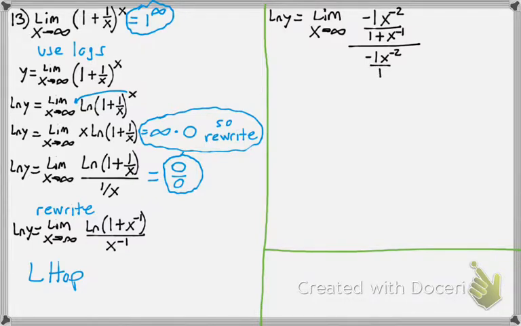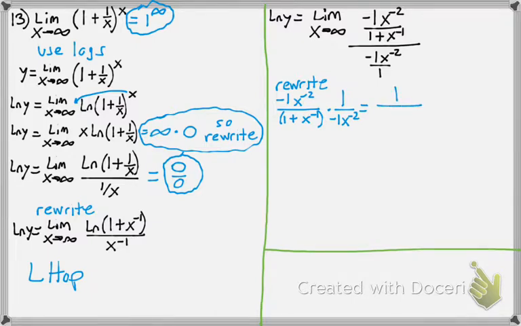If you rewrite this, you can take -1 x to the -2 over 1 plus x to the -1, times the reciprocal of that, -1 x to the -2, and you'll see that the -1 and x to the -2 cancel out.